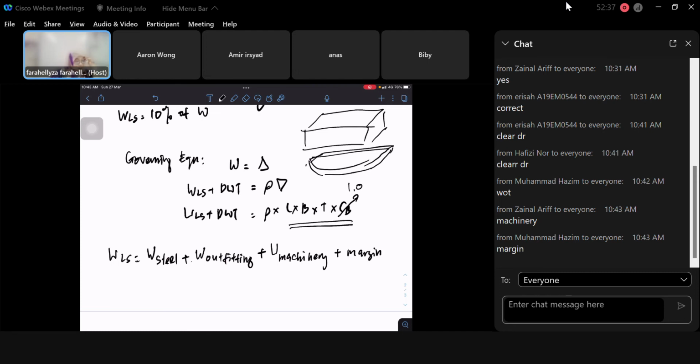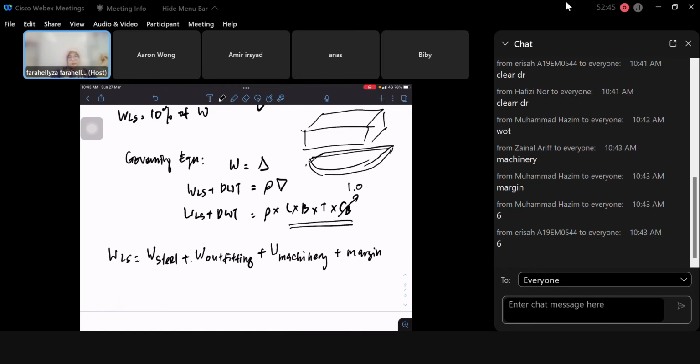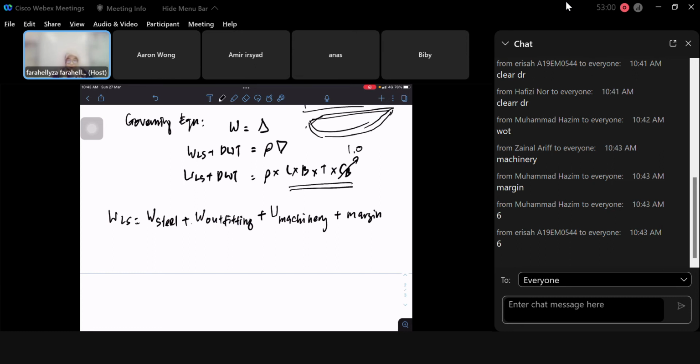So that margin is basically about how many percent? Margin is more like a tolerance, yeah. Because sometimes all the steel, outfitting, machinery that we calculated is not accurate. So we have this margin of 6%. Okay, that is basically weight of light ship.